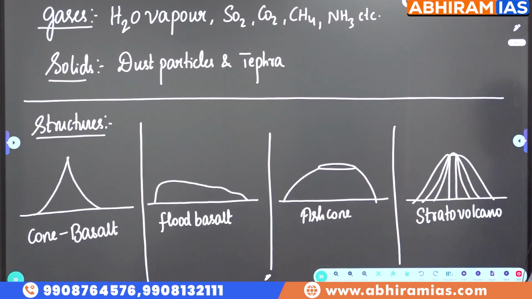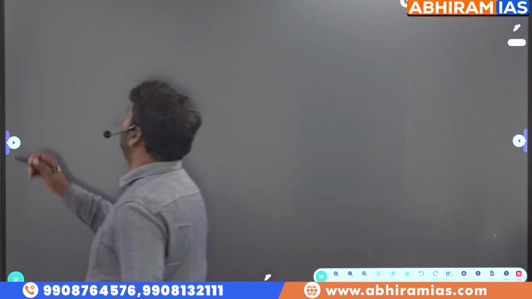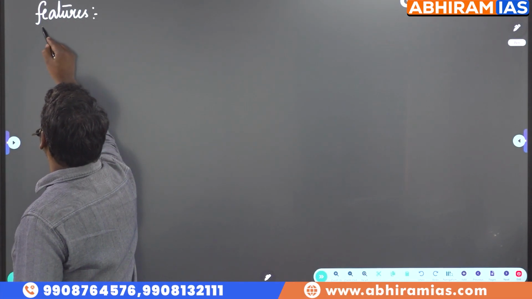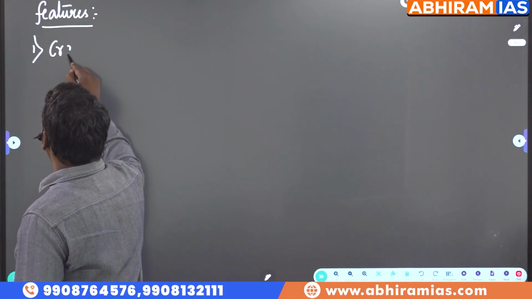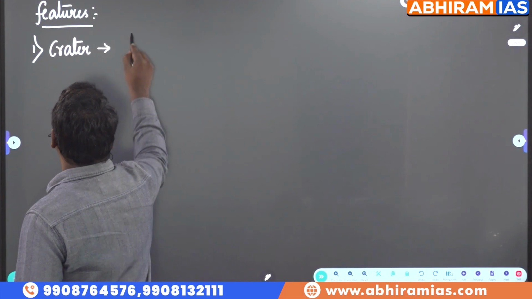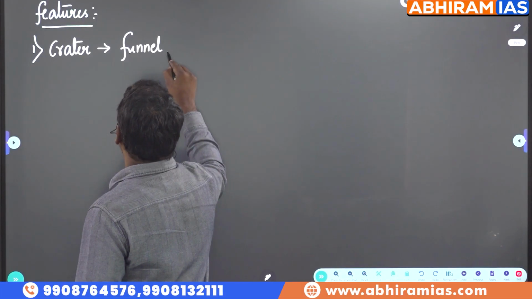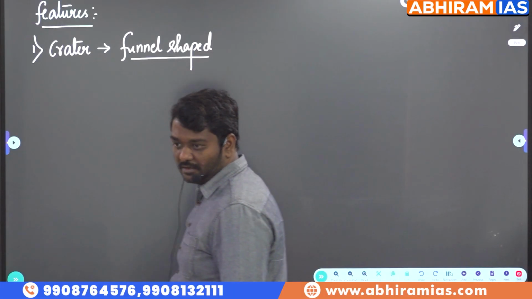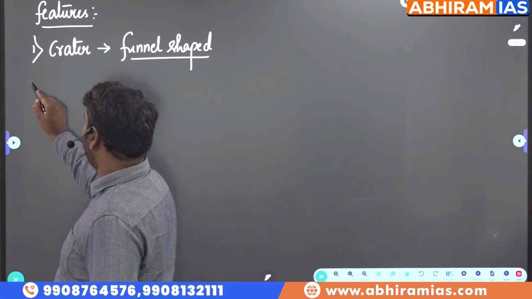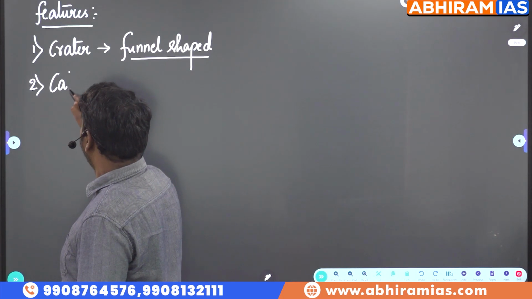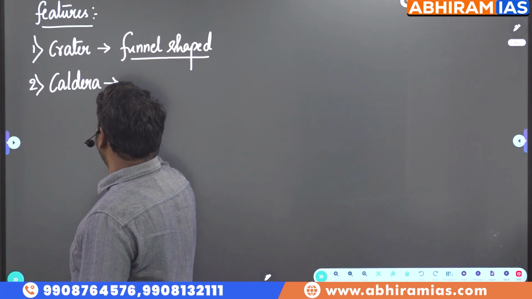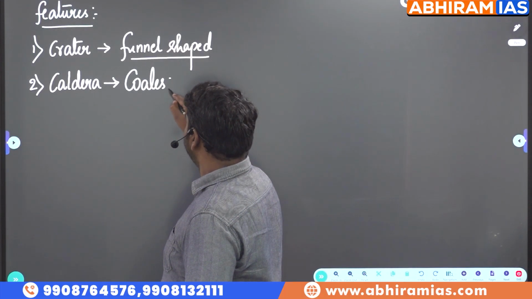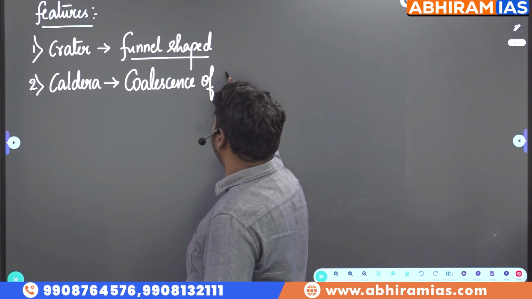Next, shall I move? You will also have some features of the volcano. The first feature is crater. A funnel shaped opening is called a crater. Caldera. Caldera is joining of craters.